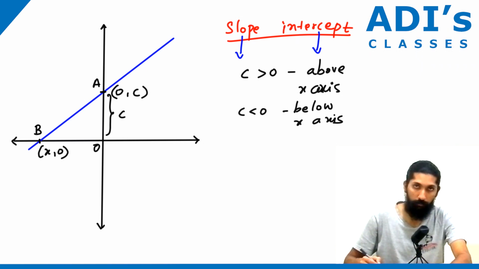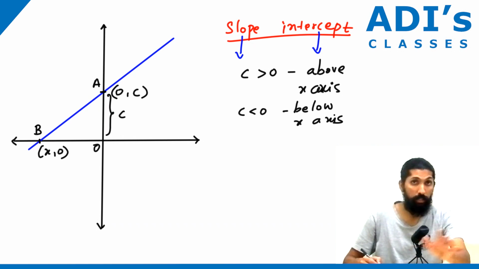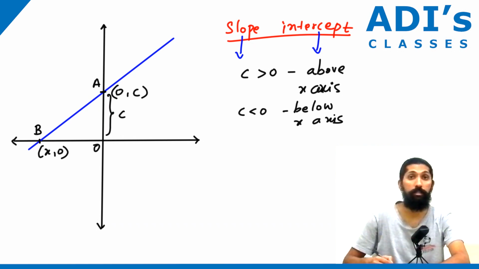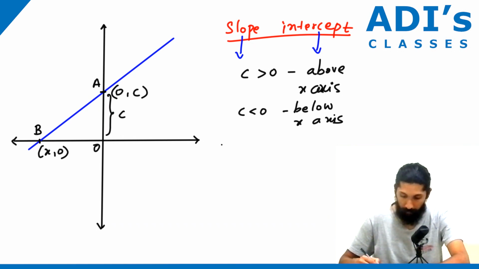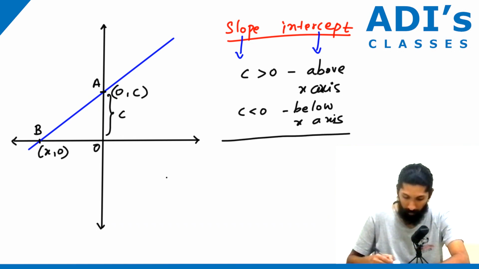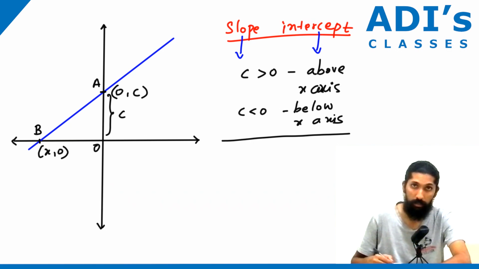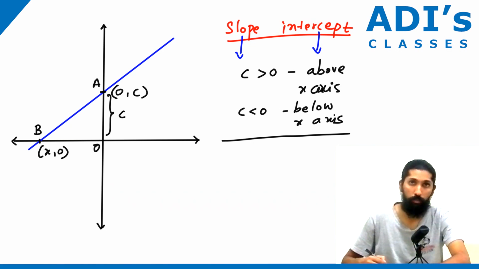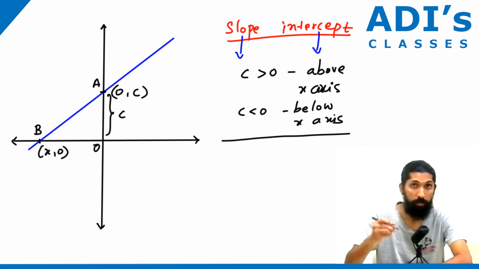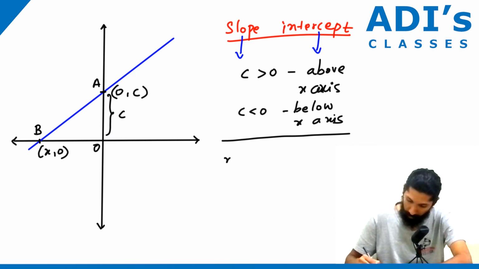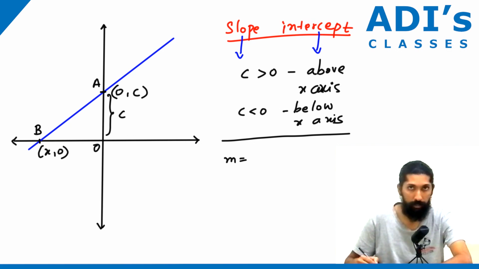For the y-intercept, we got to know the c value, whether positive or negative. Now let's look at the same for the x-intercept. For the x-intercept, it's the distance, which is basically x. But to get the value of x, we'll use the concept of slope. m is equal to delta y by delta x, correct?